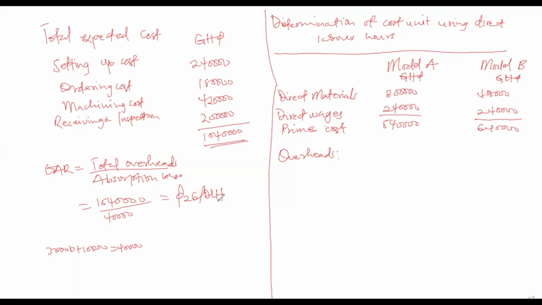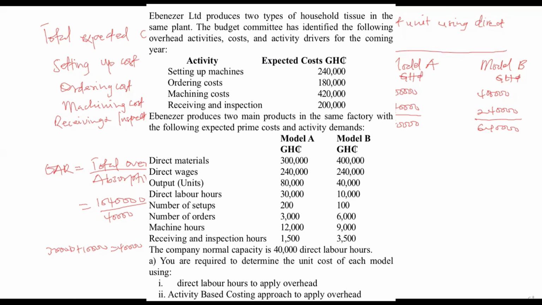So here we are going to multiply the rate by the number of direct labor hours for each model. So direct labor hours for module A is 3,000.